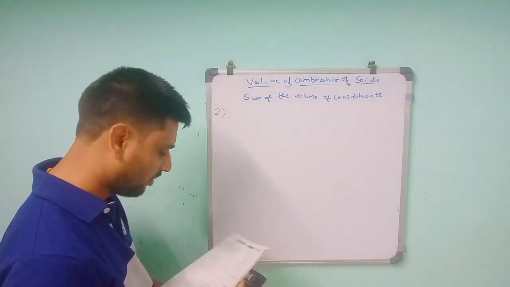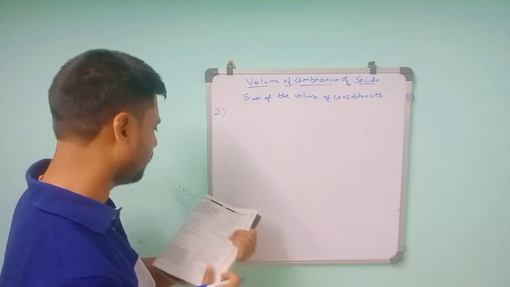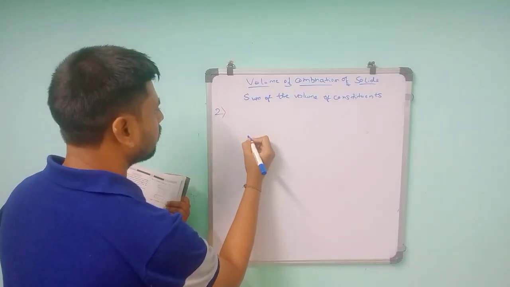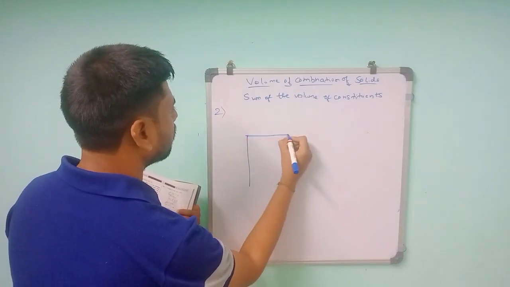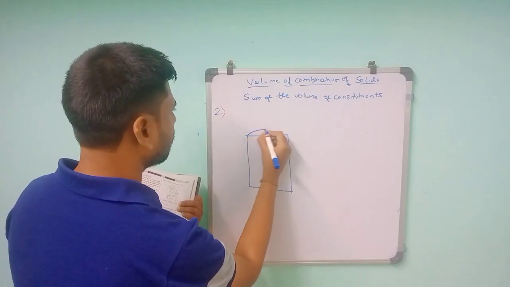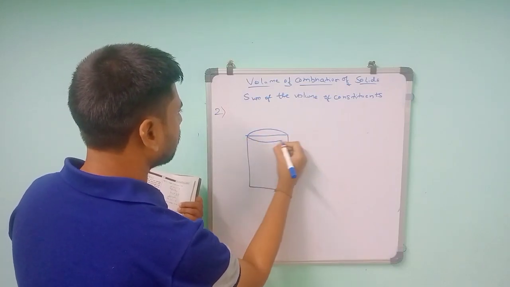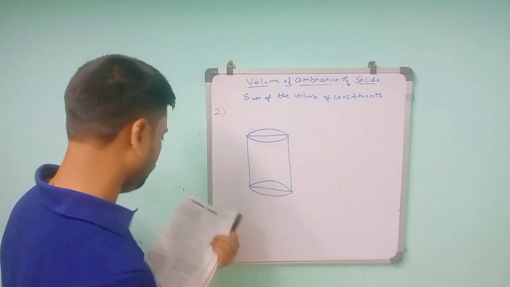So, Rachel, an engineering student, was asked to make a model shaped like a cylinder. So this is the cylinder.